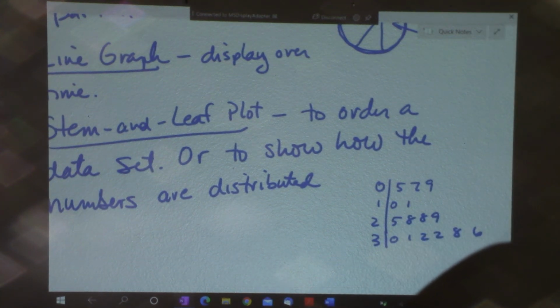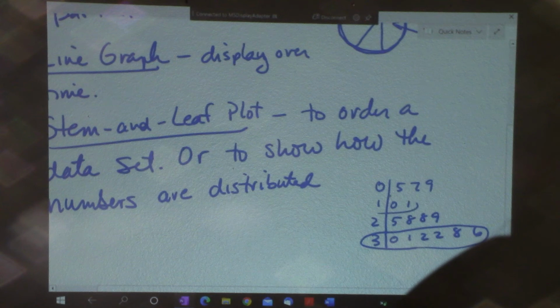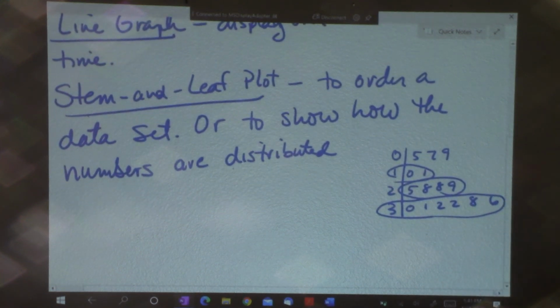Well, you can tell that most of the numbers, whatever they represent, are in the 30s. The least amount is in the teens. And there's a significant number in the 20s. Okay? So you can tell a lot about how the numbers are distributed when you use a stem and leaf plot.